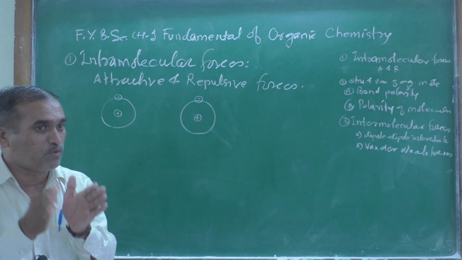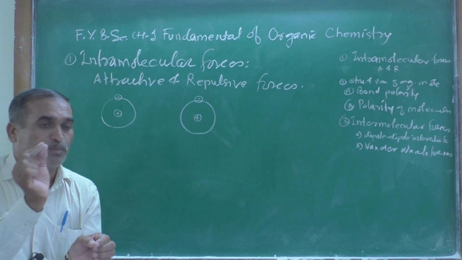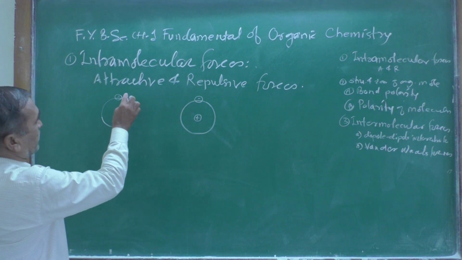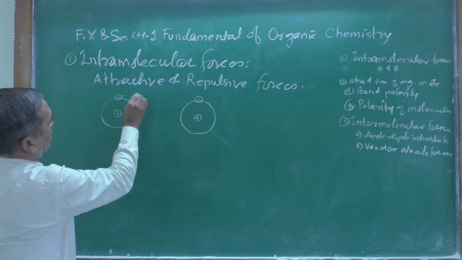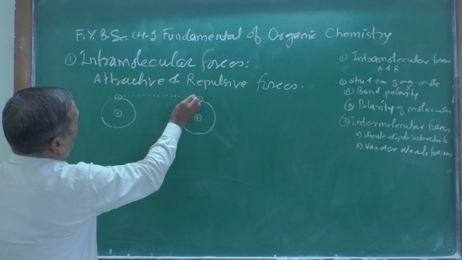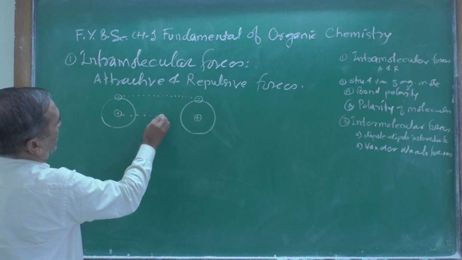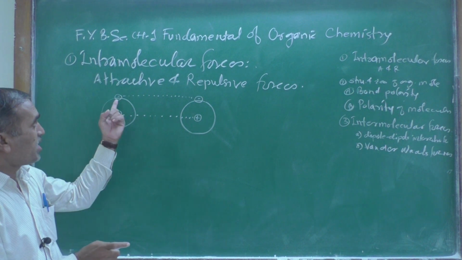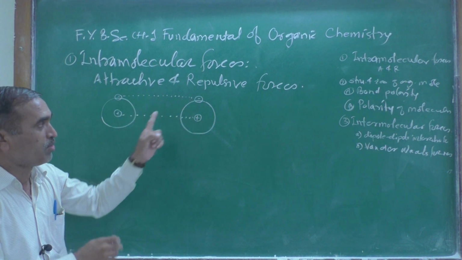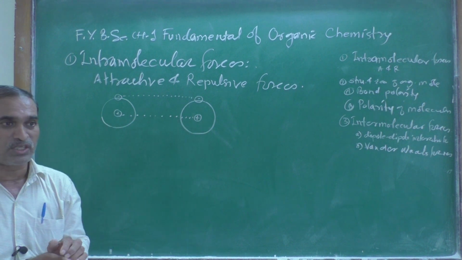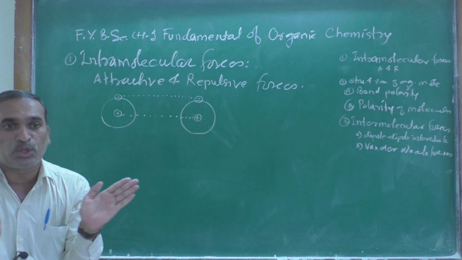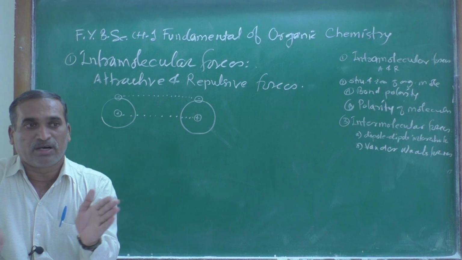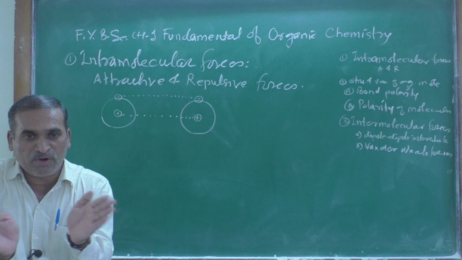What type of force is present here? Look at the dotted line I am showing. What does the dotted line indicate? Same charges, negative and negative, so they repel each other, moving away from each other.